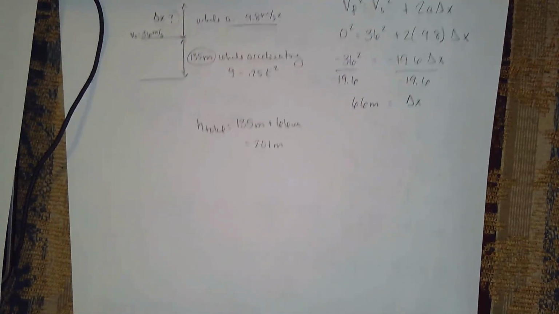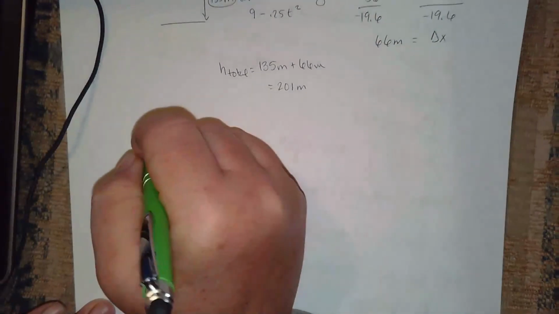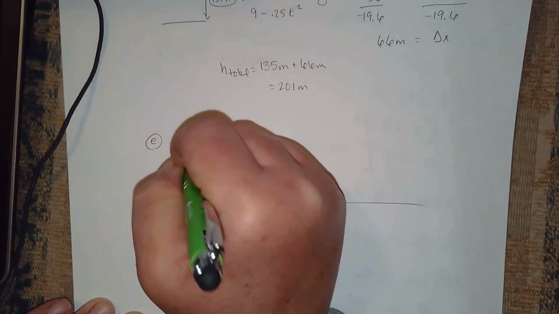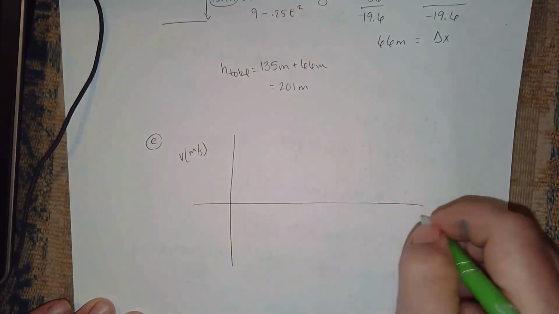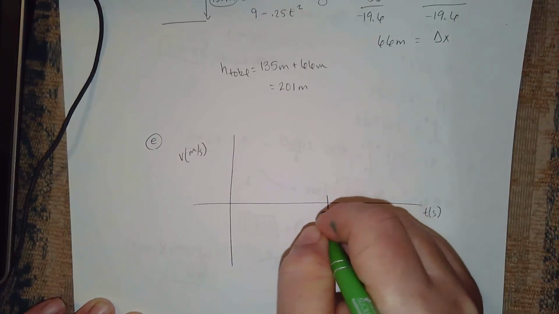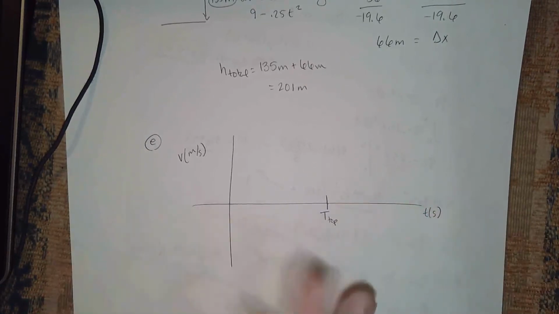Okay. Last thing is they give us a little graph here, and they say, okay, so you've got a graph of velocity versus time, and they say here's t-top. So that's when I reach the top, and they want me to graph what's going on in this whole thing.